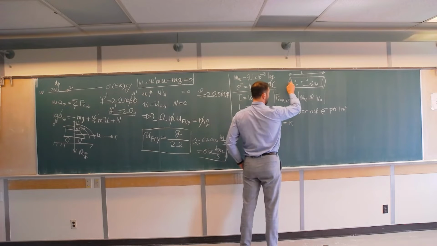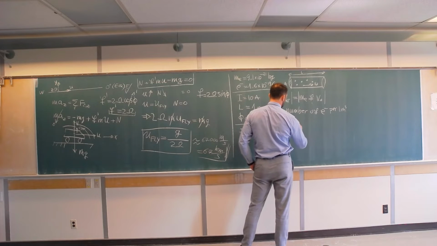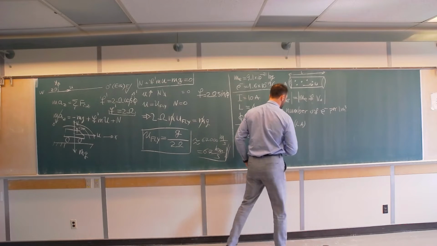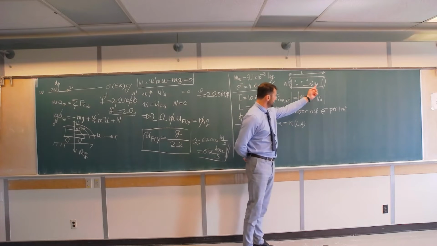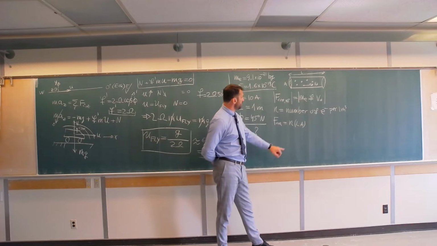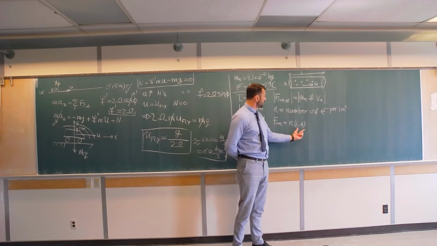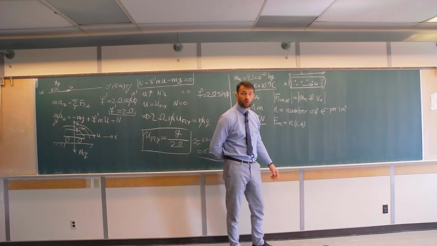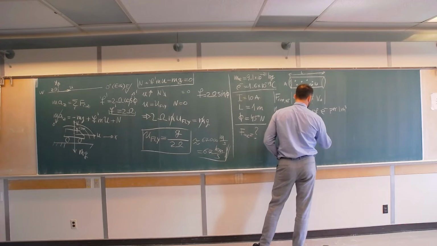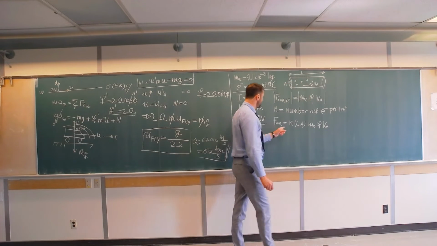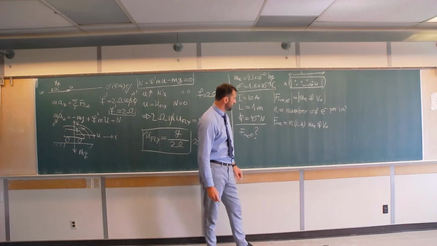Now I will say that the cross-sectional area of this wire is A, so n times L times A is the number of electrons in this wire of 1 meter, because n is the number of electrons per cubic meter, and here instead of a cubic meter I have the volume L times A. And then times me times f times Vd. So this would be the Coriolis force of all these electrons that are drifting in this wire.